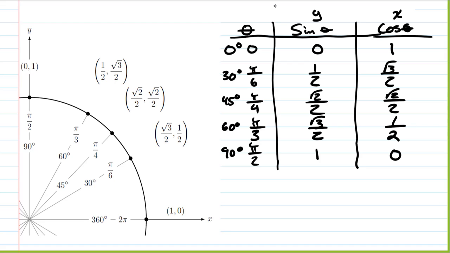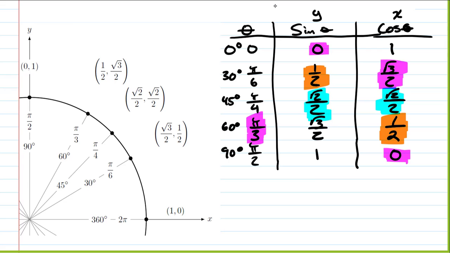And we also note that at complementary angles, 30 and 60 degrees, our complementary angles are pi over 6 and pi over 3, our trig functions have the same values. 0 is complementary to 90 degrees. Pi over 4 is complementary to pi over 4. 60 is complementary to 30, and 90 is complementary to 0.